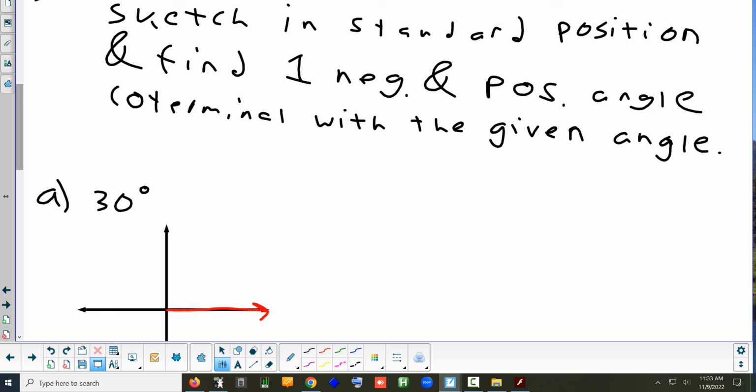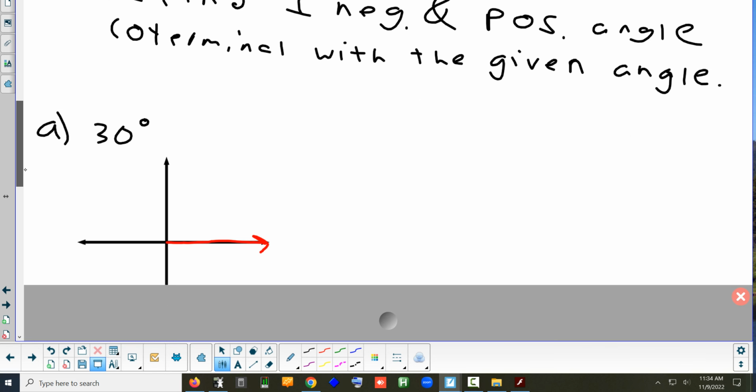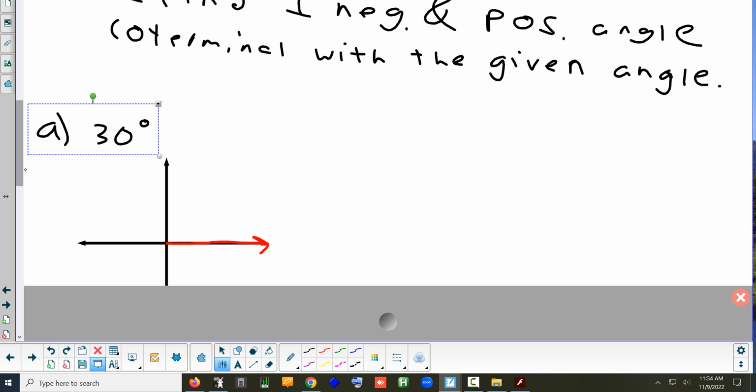And where would the terminal side be if it was 30 degrees, roughly? Close to that. Right in the middle of quadrant 1? No, closer to the initial. It'd be 1/3 of the way through the quadrant. The quadrant is a 90. So you're just going to estimate it. Maybe about like that.